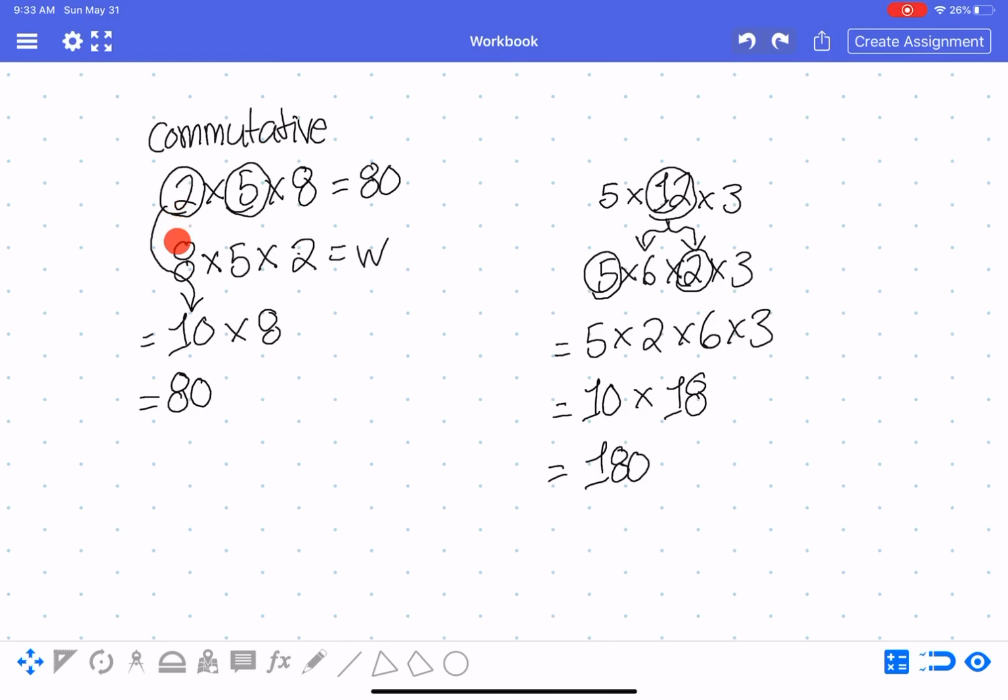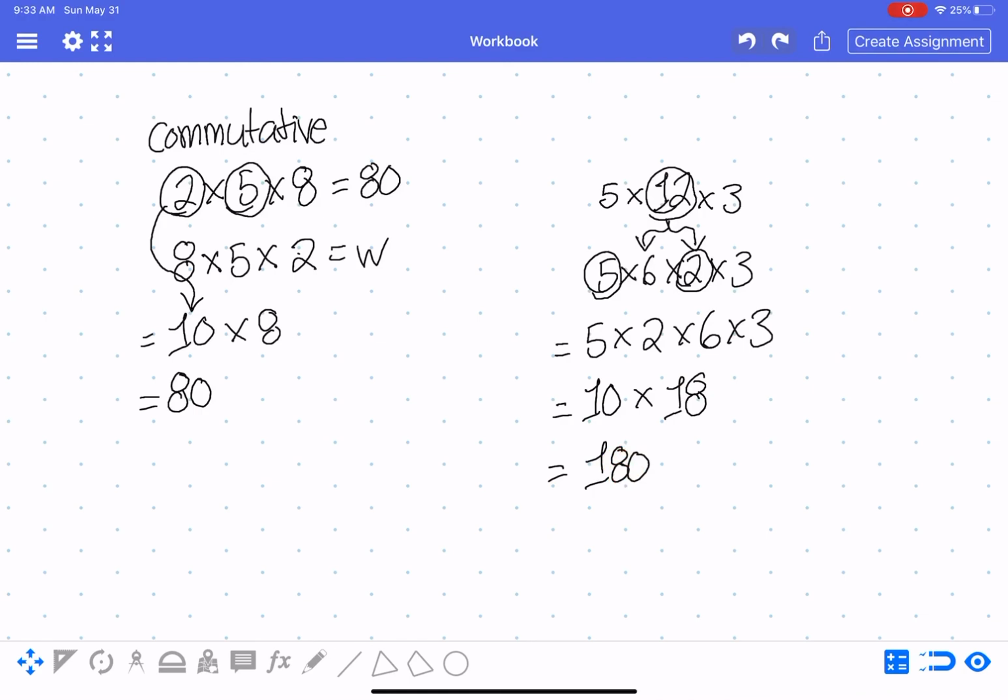And we did that to achieve a friendly number, so that 10 times 8 is 80, okay? Next, we learned that you could split up a number, so 12, you can say 6 times 2. Now you have four numbers, right? And then we decided, okay, we'll move them around again. And then we had 10 times 18. So creating four numbers actually made it easier to solve for the product.